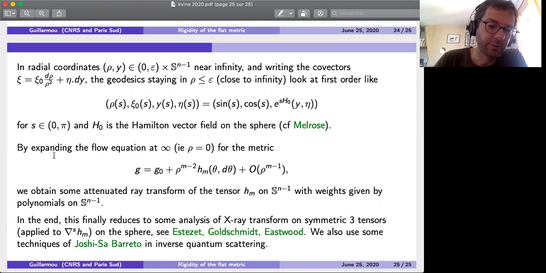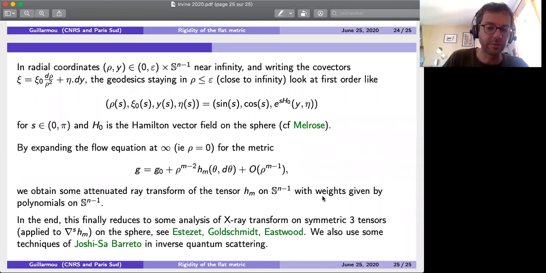So what one has to do is we expand the metric. We assume that G is G0 plus rho to the n minus 2 times some symmetric 2 tensor on the sphere plus lower order terms. And we have to linearize basically the equation that the scattering map of G is equal to the scattering map of G0. And when we linearize, we reduce to some attenuated ray transform of the tensor h_m. So it's not really the Radon transform on the sphere, but it's an attenuated version.